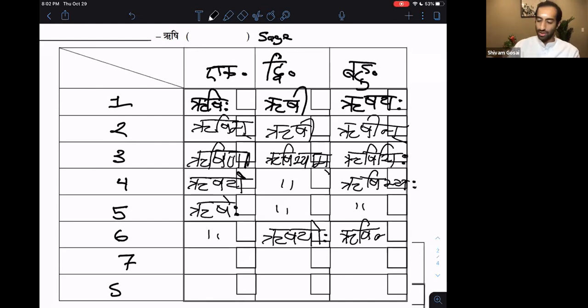Oh, sorry. So there's a question: why is that nakara the retroflex nakara versus the dental nakara?